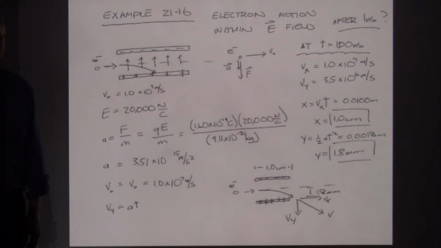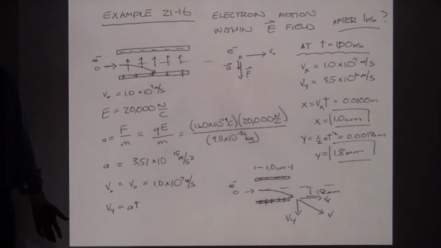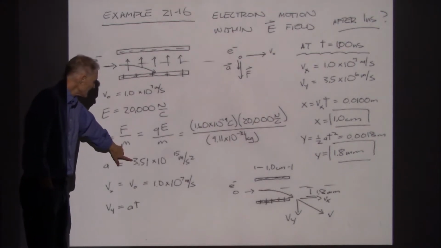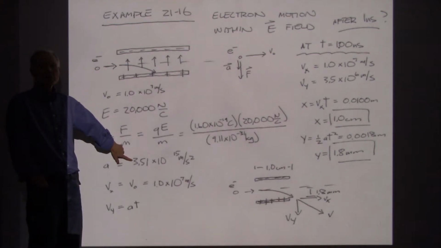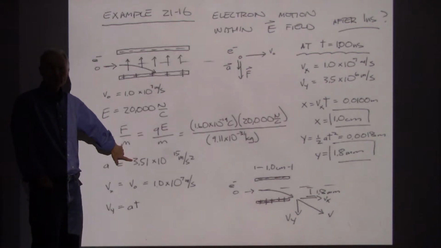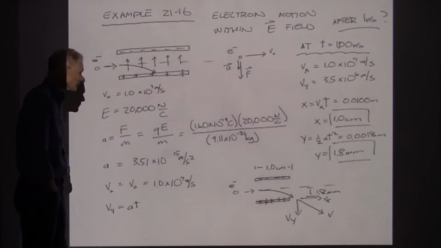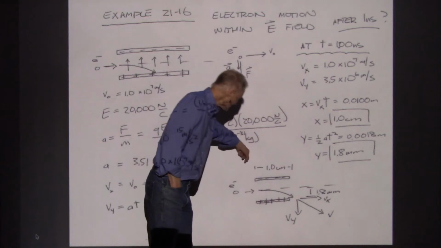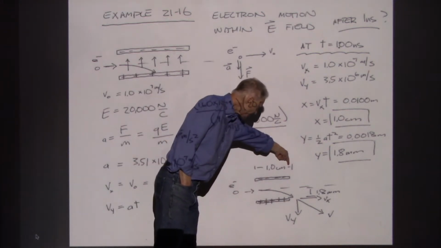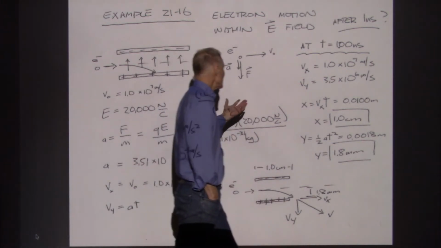So yeah, ignoring gravity seems pretty safe, unless we're keeping 15 significant figures in our calculations, which we're not. So we're ignoring gravity because these accelerations are a million billion times bigger than what we saw with gravity.